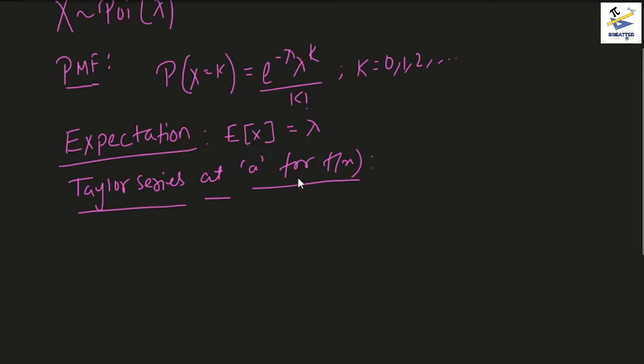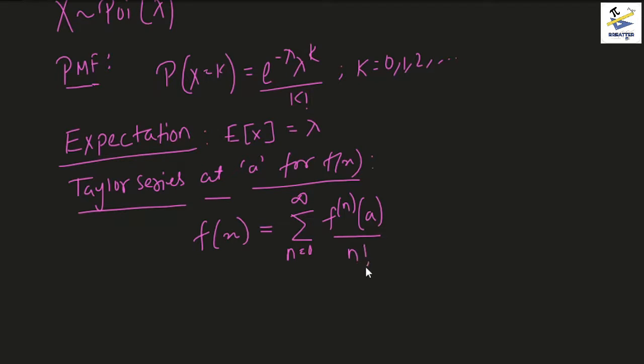So the function f of x should be differentiable at the point A, and if it is infinitely differentiable, continuous and differentiable both at the point A, we can write this as an infinite series of the following form: summation n equals 0 to infinity, f at the nth derivative at the point A divided by n factorial into (x minus a) to the power n, right?